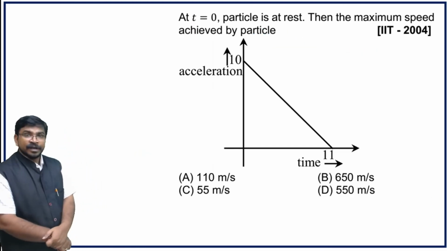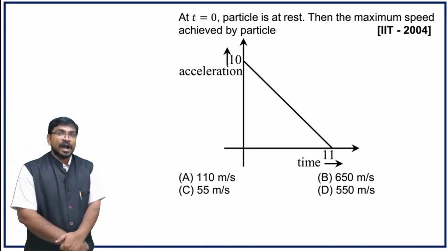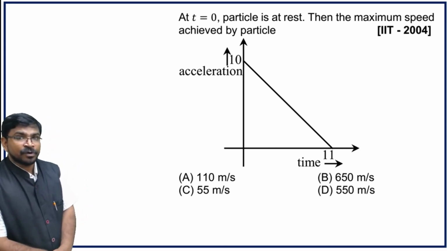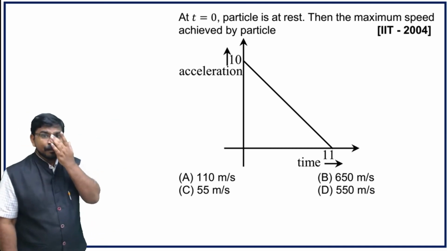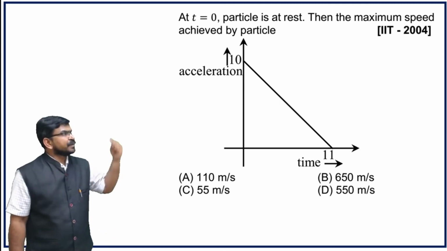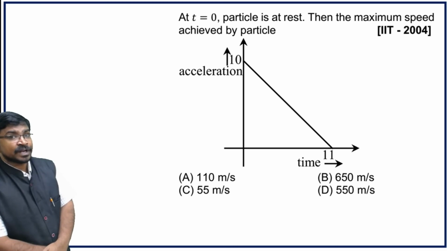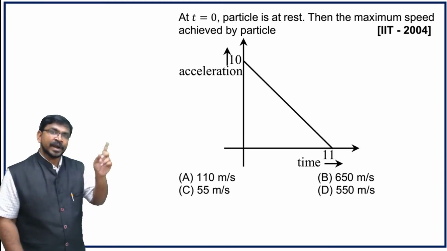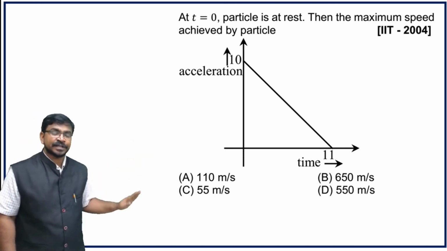Let me take directly a typical question which was asked in 2004 IIT. Earlier it was descriptive and objective both, and this is part of the objective paper. At t equal to 0, the particle is at rest. Then find the maximum speed achieved by the particle. Speed, it is not velocity. For velocity, you should take plus area, minus area: above the x-axis positive and below the x-axis negative.